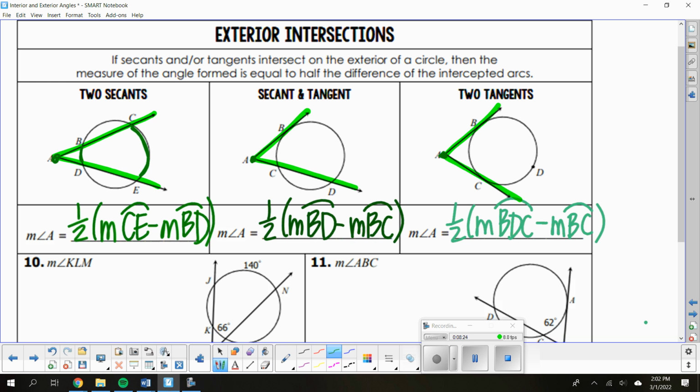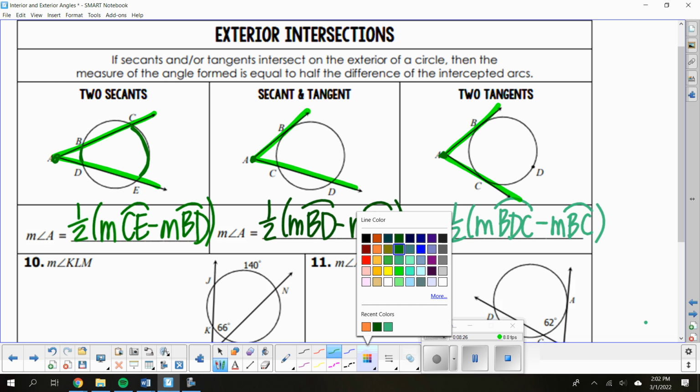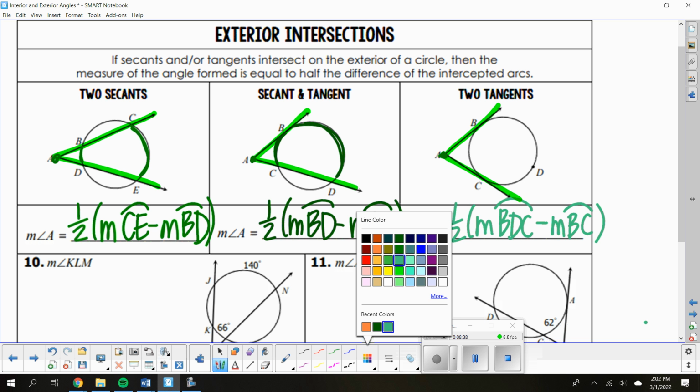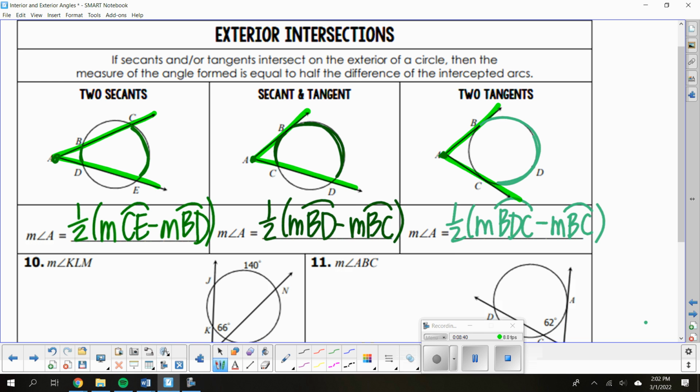The important part there is it's big minus small. On the second one, I'm tracking BD and BC, and again, it's 1/2 measure BD minus measure BC. So big minus small. And last, I'm tracking BGC and BC, and it's 1/2 measure of BGC minus measure of BC. So again, big minus small.